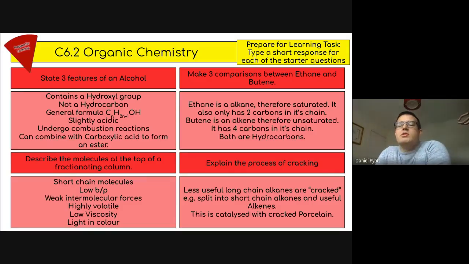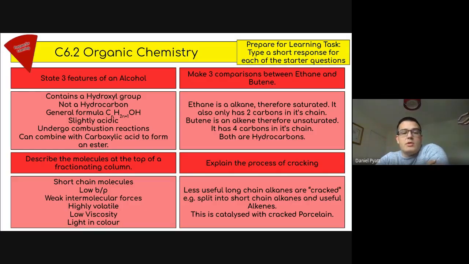There are additional points you could have put. You could have thought about the fact that because butene has a longer chain, it will therefore have a higher boiling point because it's got more intermolecular forces between the individual chain molecules, which brings us neatly to fractional distillation.